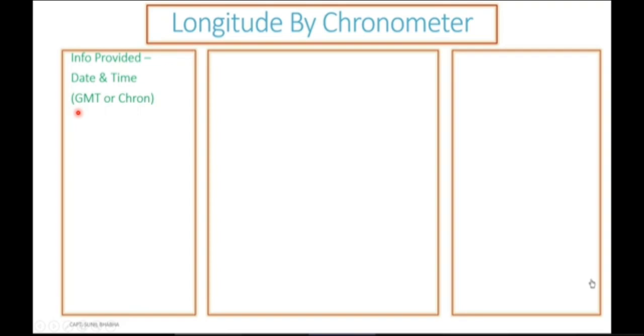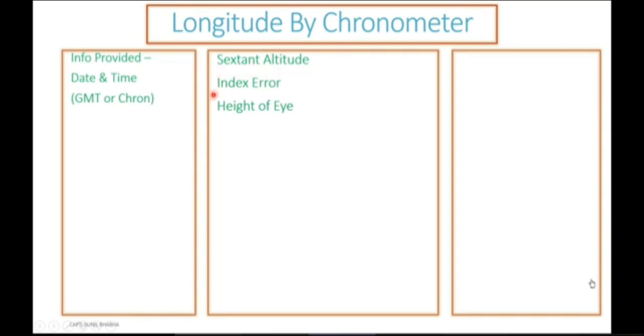Obviously, if the time is given as chronometer time, it will have the chronometer ambiguity, and we will need to resolve the chronometer ambiguity. So for the chronometer ambiguity, an AM or PM indication is given to us in the question.